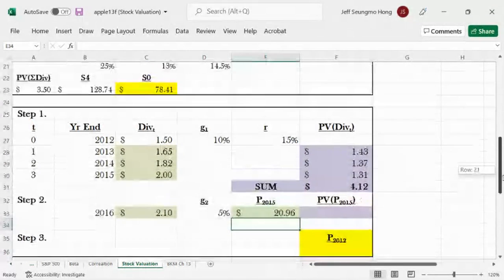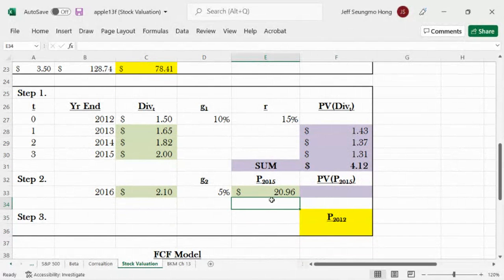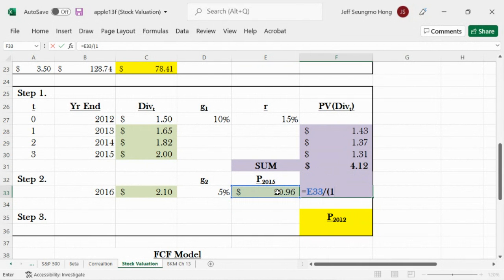Now this is not the end, because this is the price of the stock at the end of 2015, or at the beginning of 2016. So we must bring it back to the present, which is 2012, right? So we need to discount it 3 years back. The present value of this stock price will be discounted by 1 plus r, for 3 years.